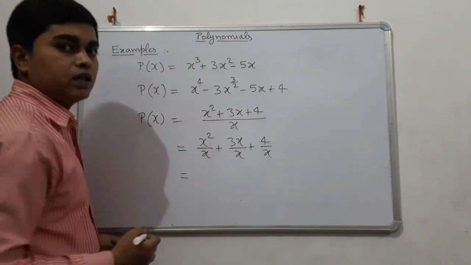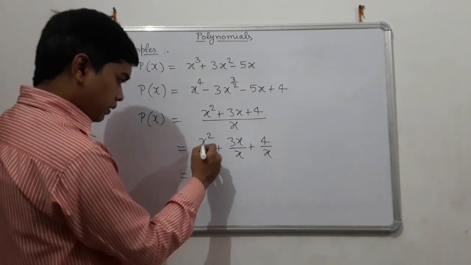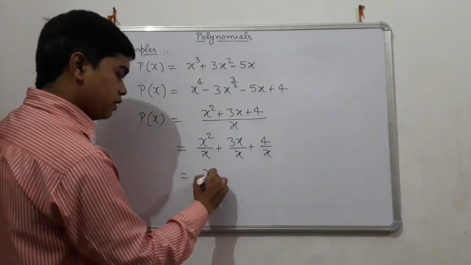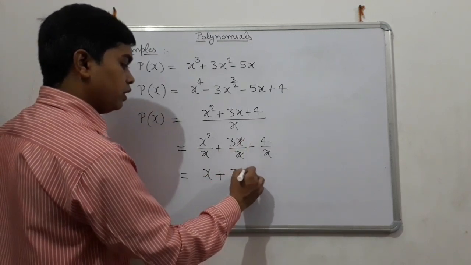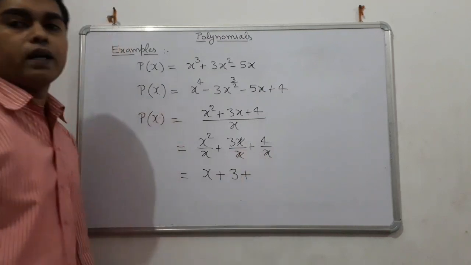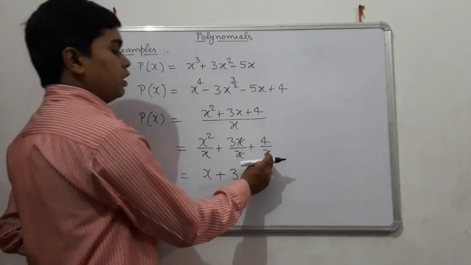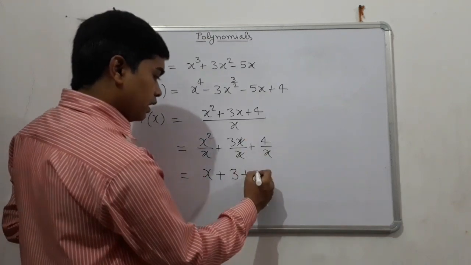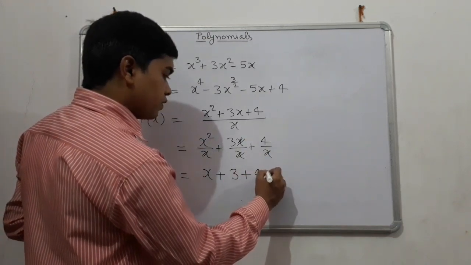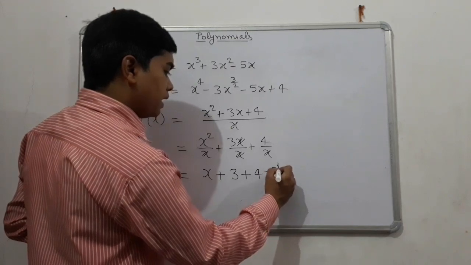Now we will simplify this. So x square upon x means you can write here x, and here x cancel, you can write here 3, and this 4 upon x. So you have to remove this x from the denominator. You will take it in numerator, then you will write 4x to the power minus 1.